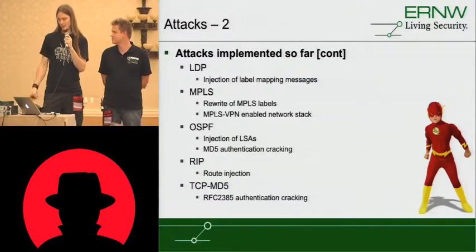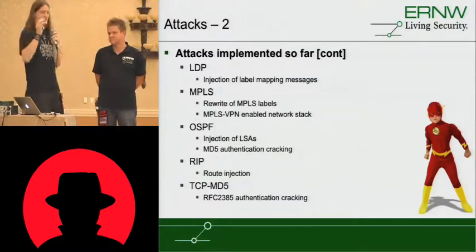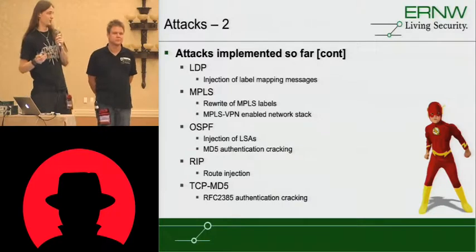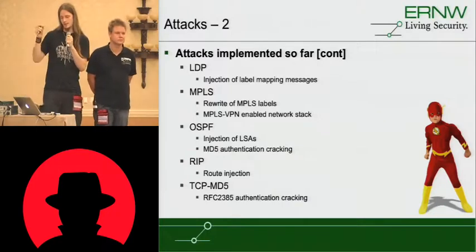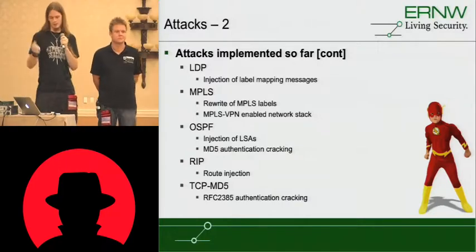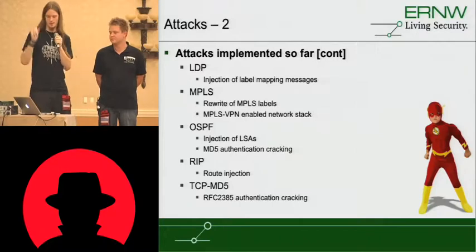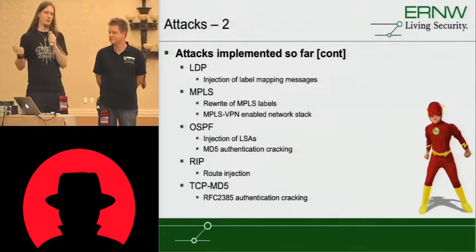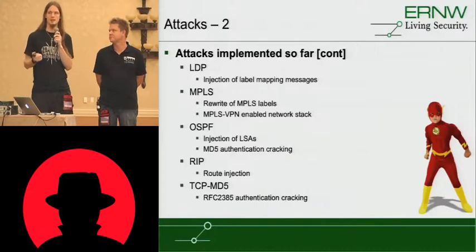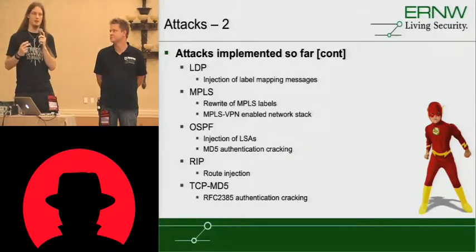Okay, there is a TCP MD5 module with which you can crack the RFC 2385 TCP authentication option, which is mainly used by BGP and LDP for authenticating the neighbors.